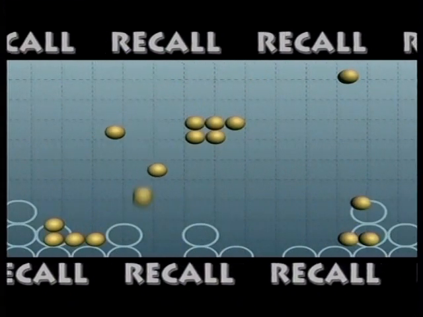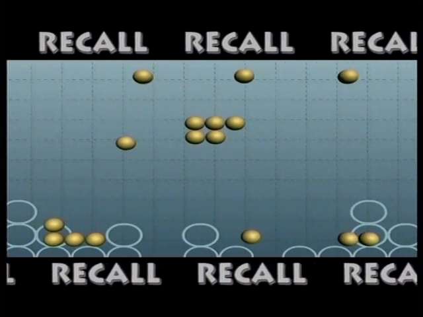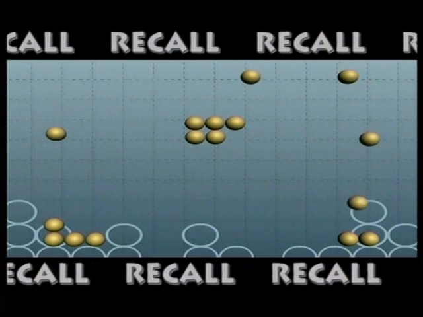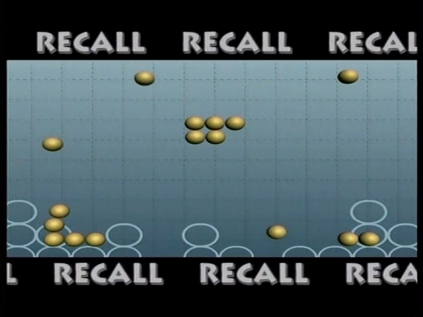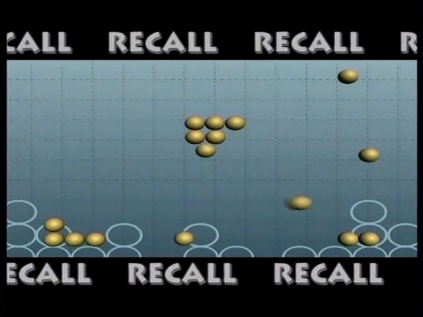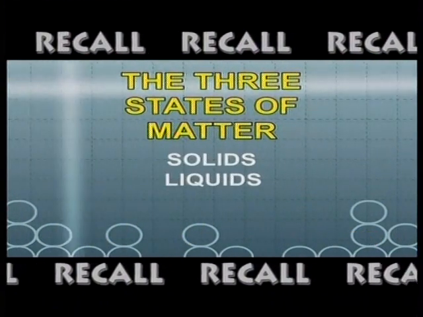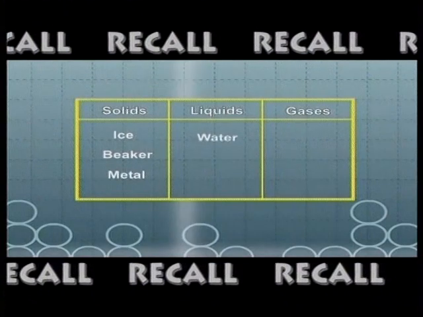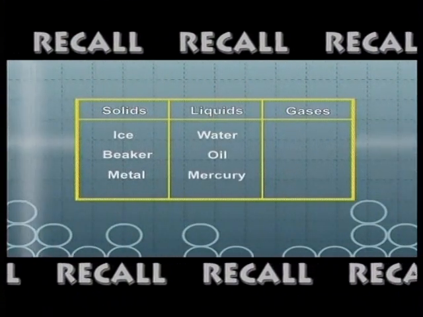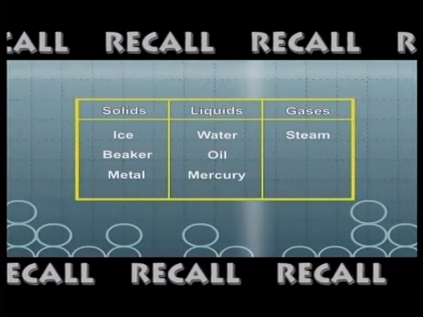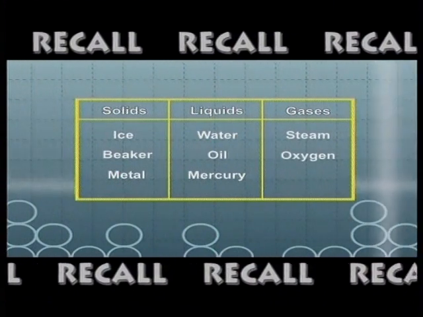Matter is made up of small and discrete particles which we call atoms or molecules. We know that matter exists in 3 states: solids, liquids, and gases.